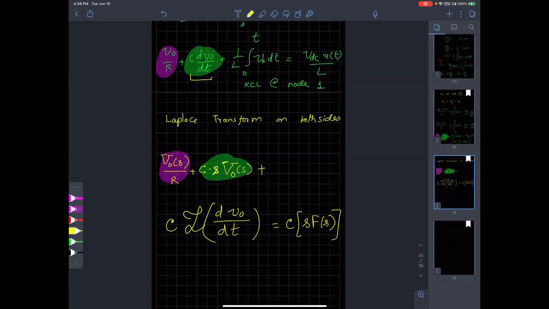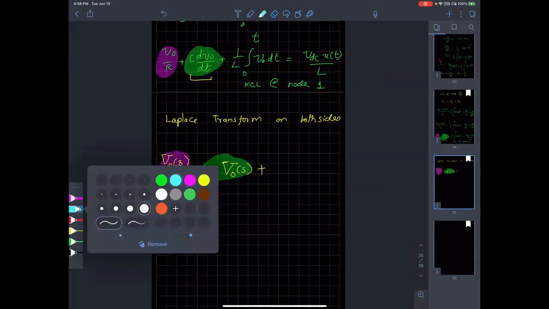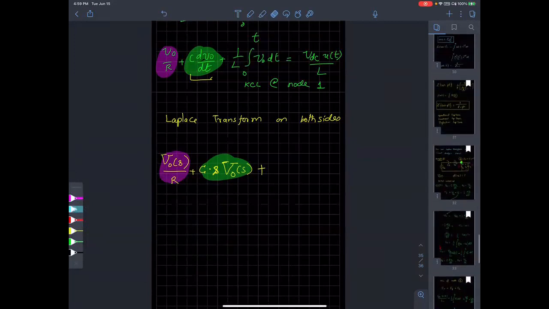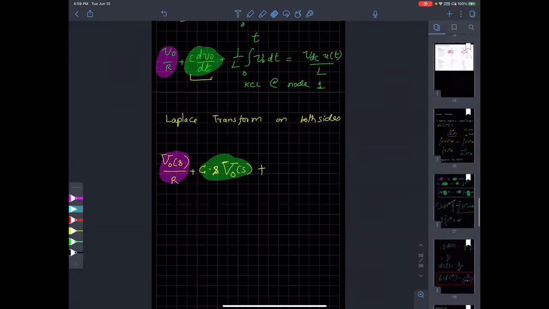Plus, now let's do the integral of V of t dt, the integral of V naught of t dt. Let's see if we have it in the Laplace transform table.